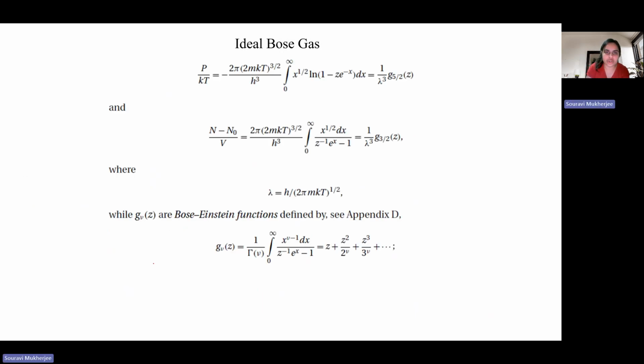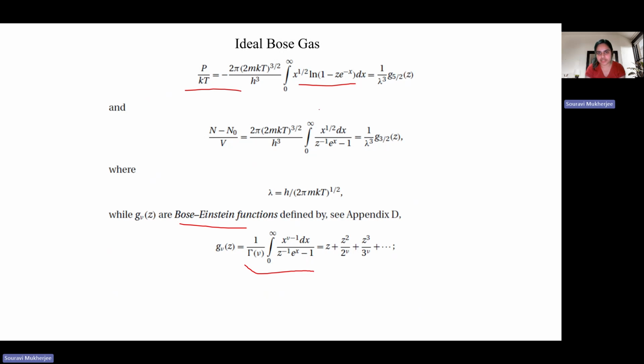So now you can actually solve for the Bose-Einstein gas. You can explicitly write this expression. So P by kT would be given by this relation here. The general way of writing this integral is using the Bose-Einstein function, which takes this form.